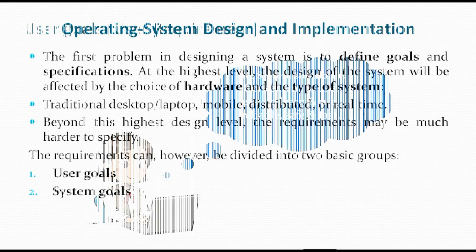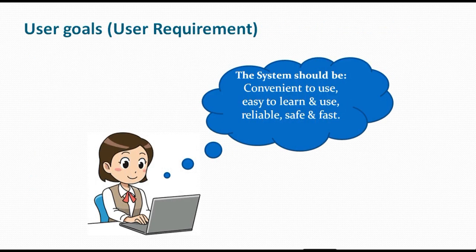Let's understand the user requirements or user goals. Users desire certain obvious properties in the system. The system should be convenient, easy to use and easy to learn. It should be reliable, safe and fast.